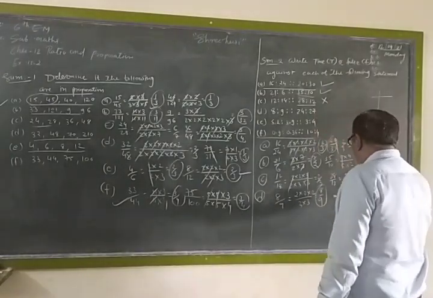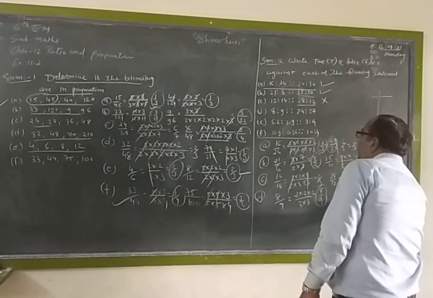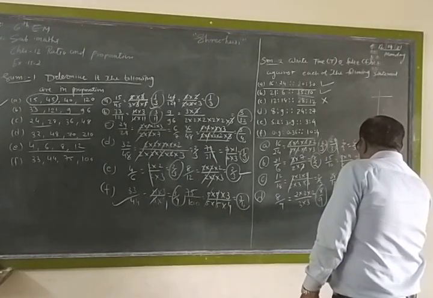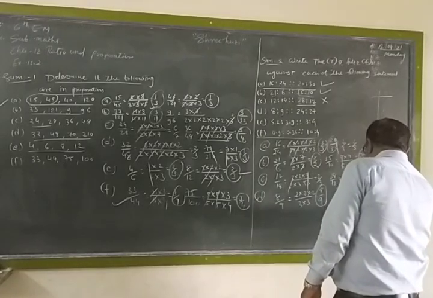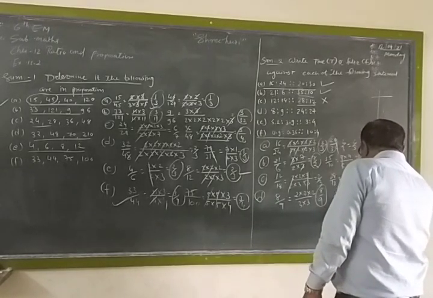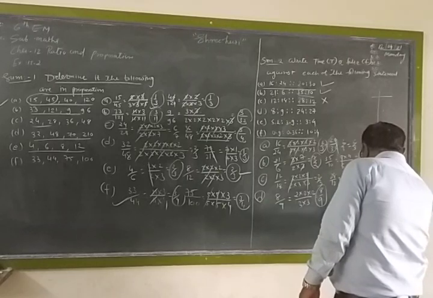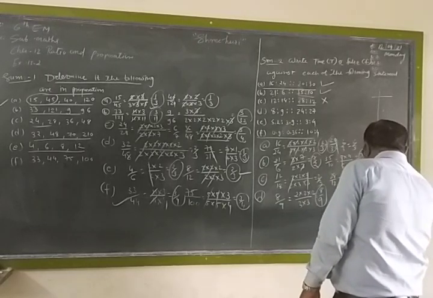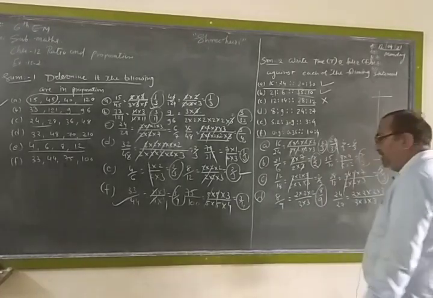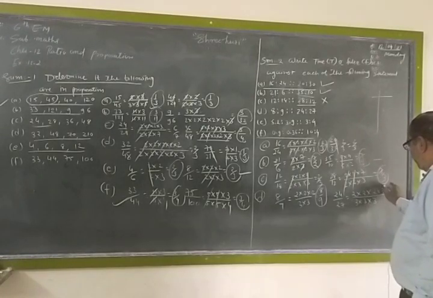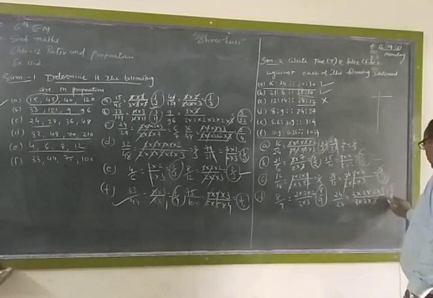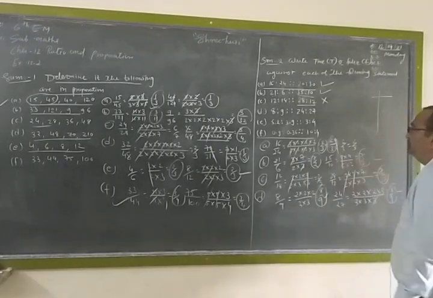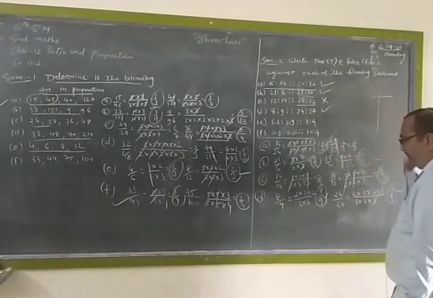Now 24 upon 27: 2 2s are 4, 2 4s are 8, 3 8s are 24, and 3 3s are 9, 3 9s are 27. 3 and 3 cut, 8 upon 9. Both reduced forms are the same, so it is true.